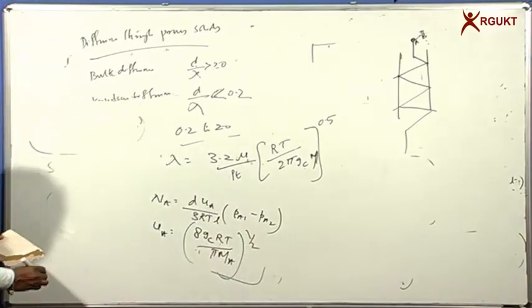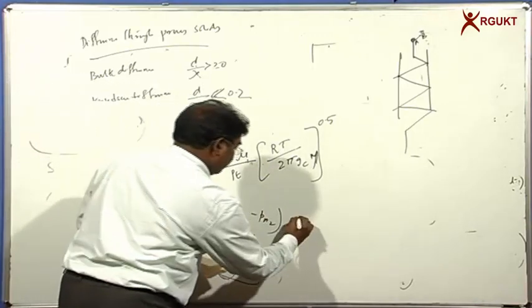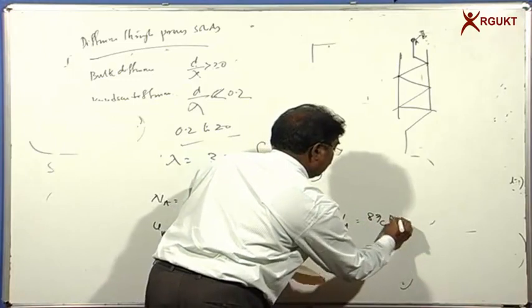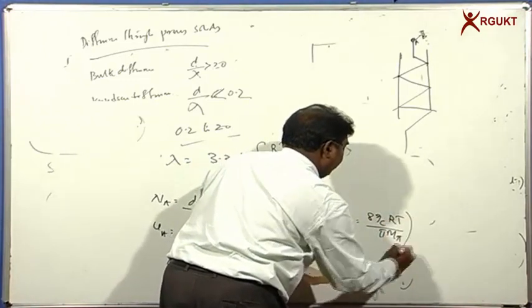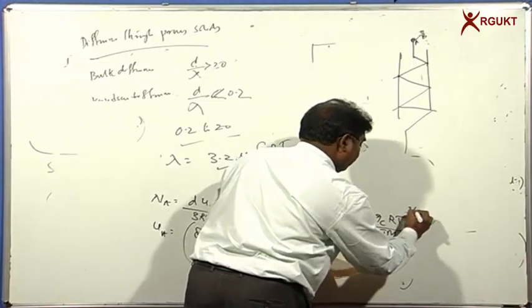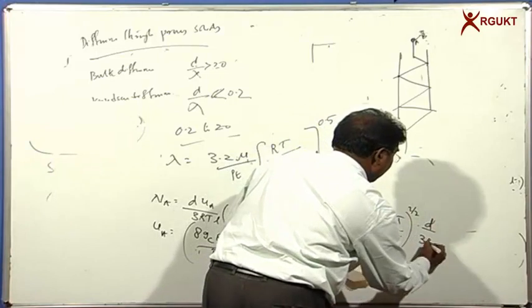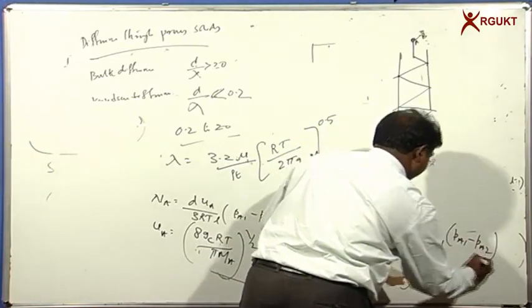And now once you substitute UA into Na, Na becomes equal to 8 Gc RT divided by pi into Ma to the power of half, into d by 3 RTL, into PA1 minus PA2.